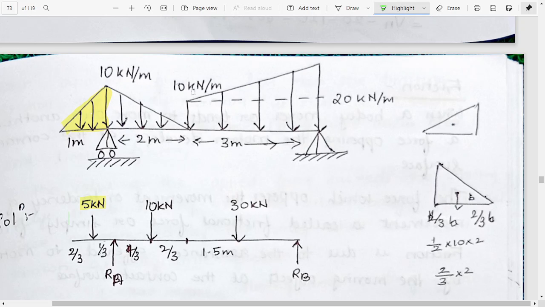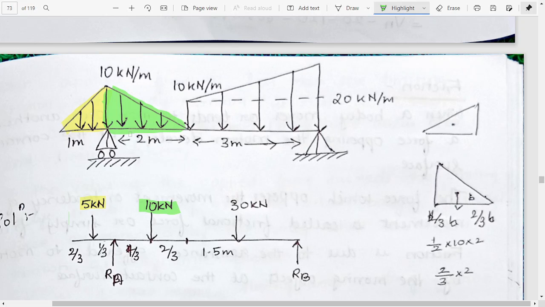Then considering this triangle, this triangle is also a uniformly varying force system. In this case also, first we need to find the area of this triangle, which is 10 into 2 into half. So it will be 10 kilonewton.